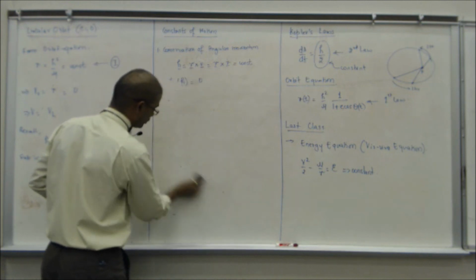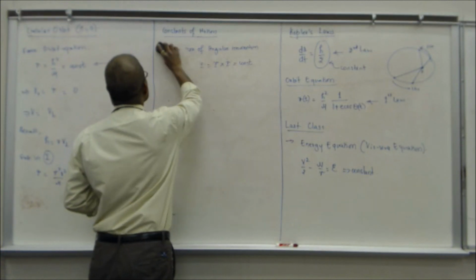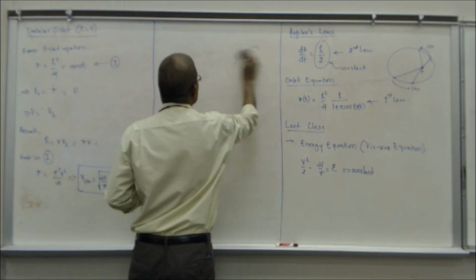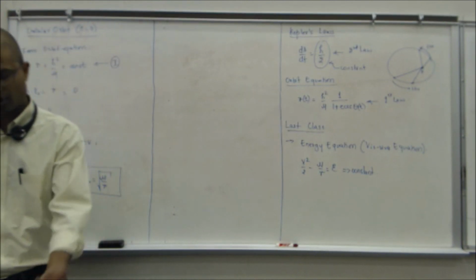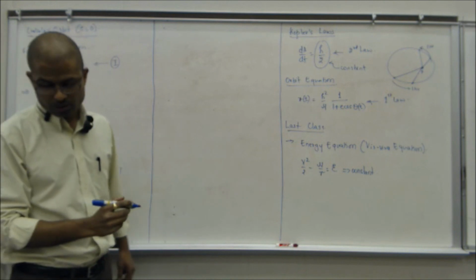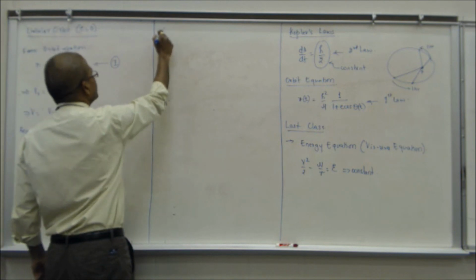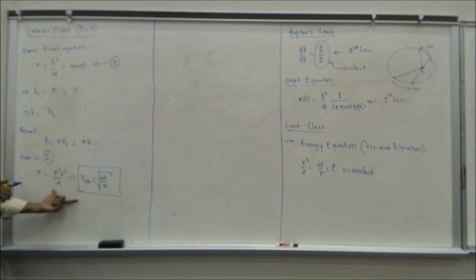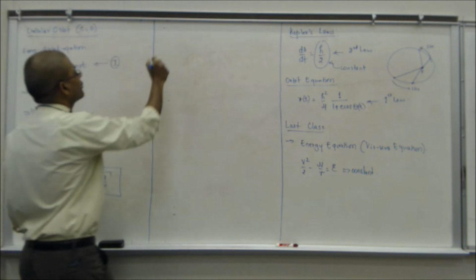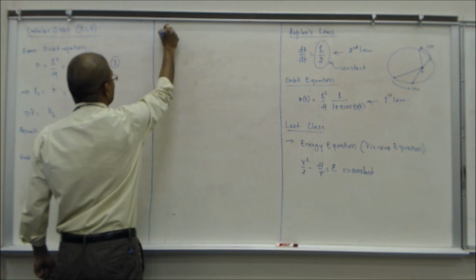How do you define the time period of an orbit? We'll just complete this, it's not much, just 2 lines. So what is the time period?